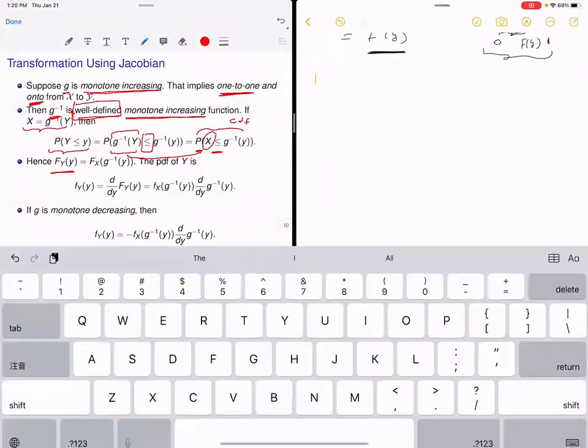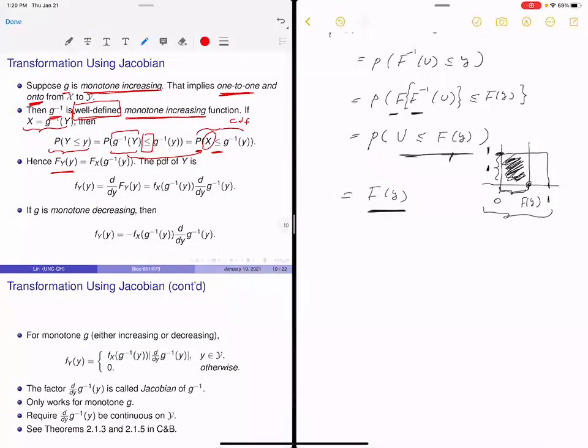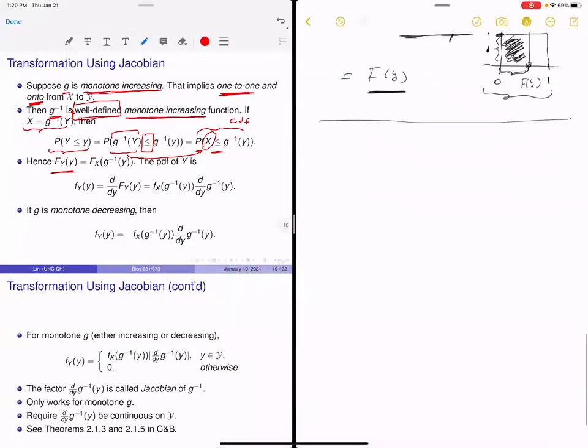This is based on the CDF, and this is based on applying the inverse function on both ends, because G inverse is also monotone increasing.